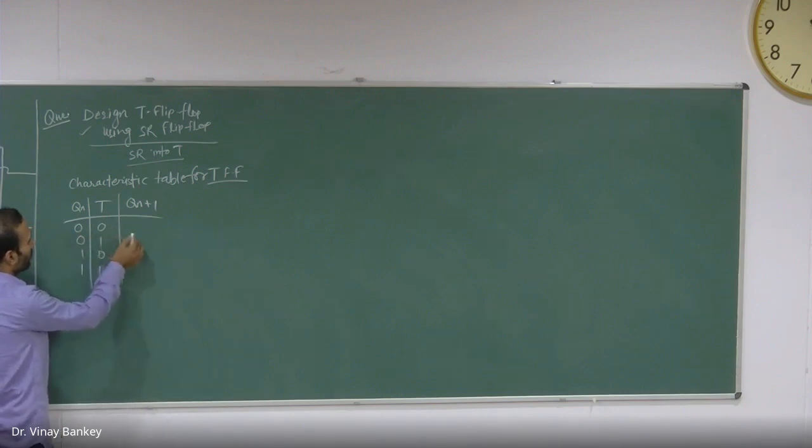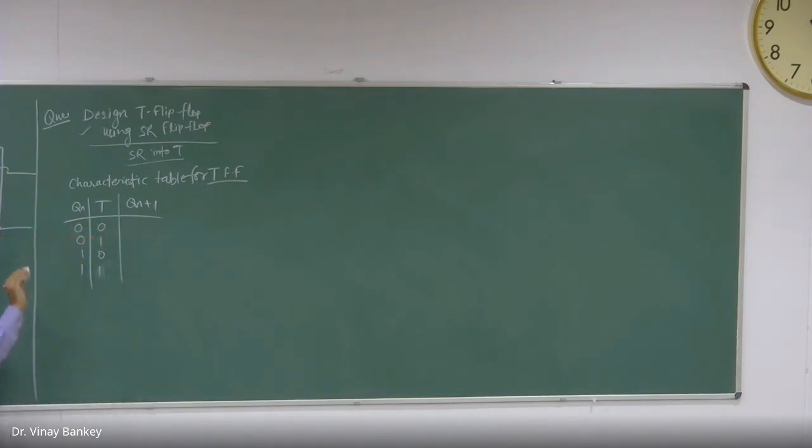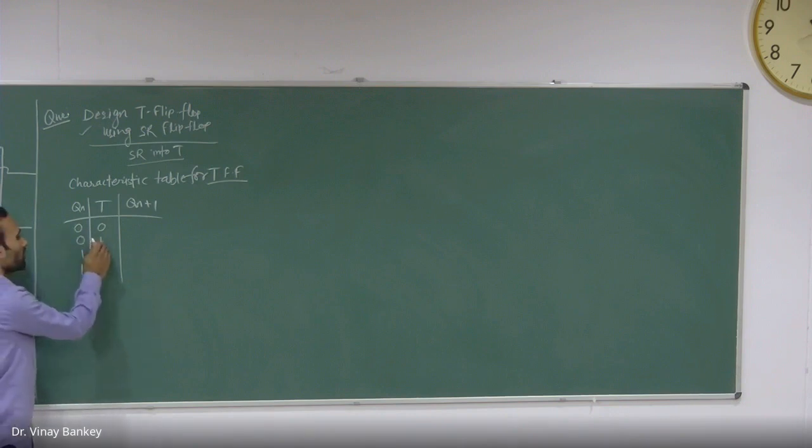If 0, 0, previously it was 0 and we are giving 0 to the toggle flip-flop. So what is the property of toggle? If it sees 1 at the input, it just complements the previous state. Whatever it was previously, if the input is 1, it will complement that.